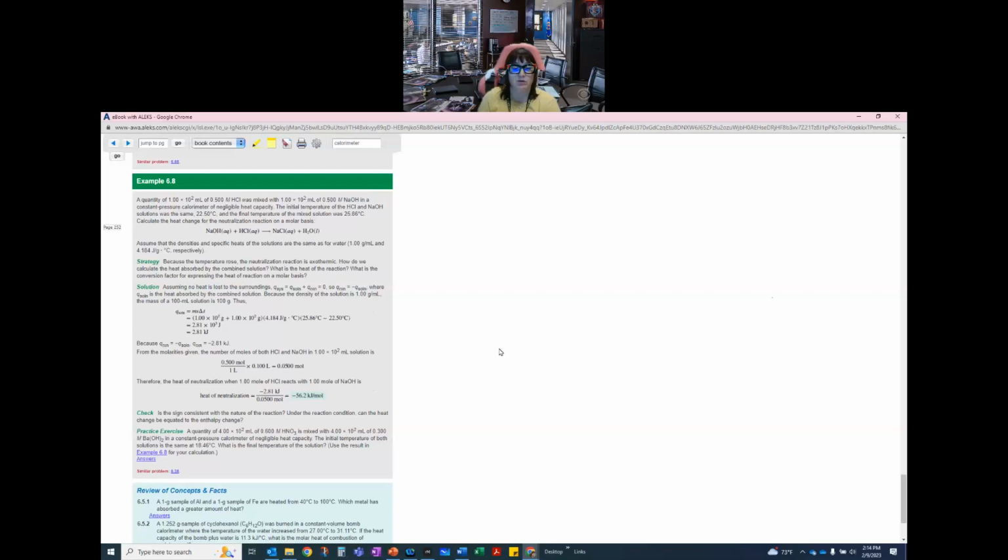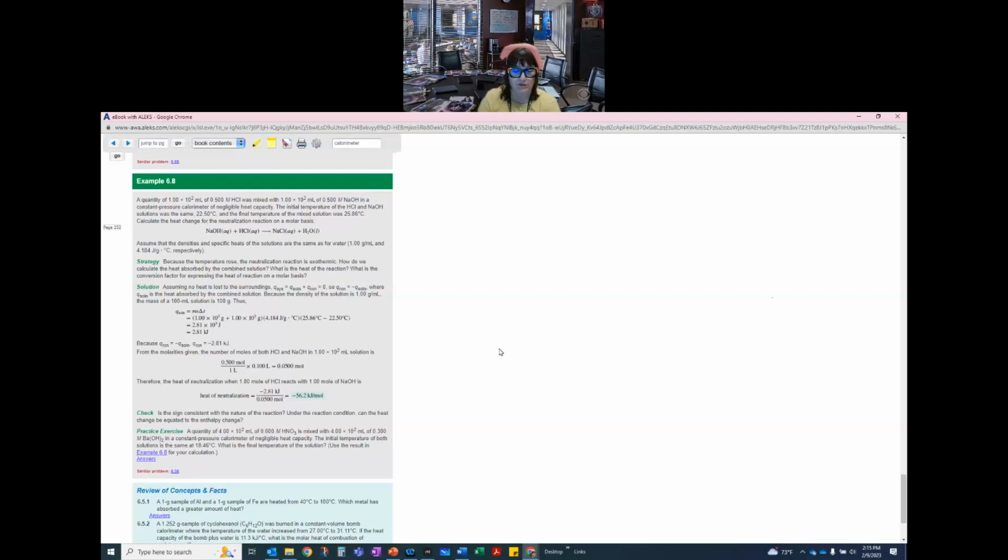From the molarities given, the number of moles of both HCl and NaOH in that solution is 0.5 over 1 liter times 0.1 liters, which equals 0.05 moles. So I took the molarity times the volume, and that gives me the number of moles.